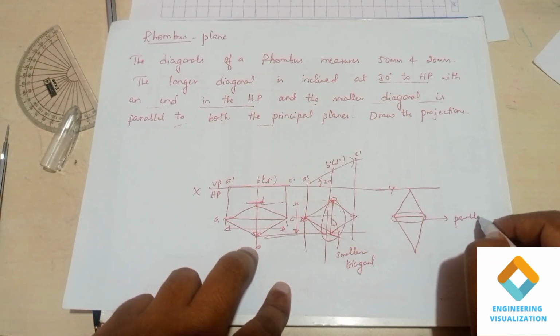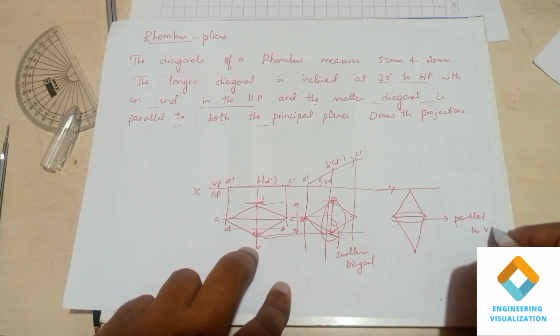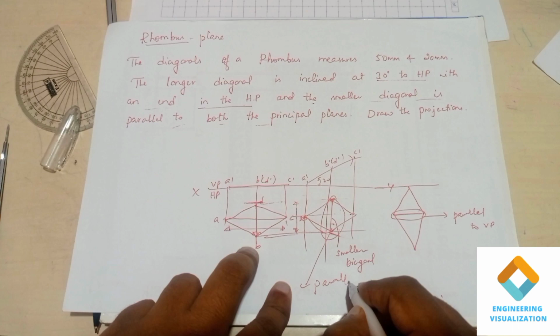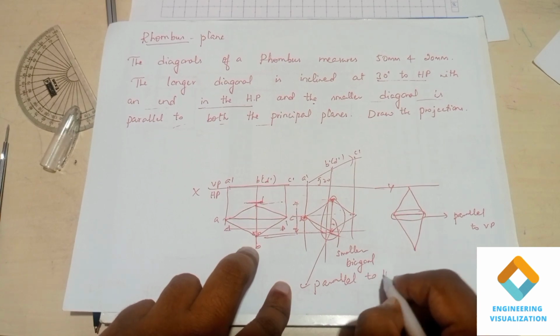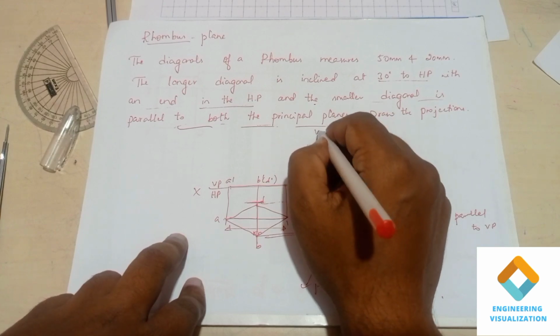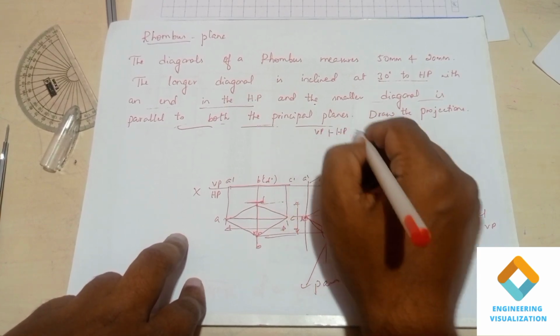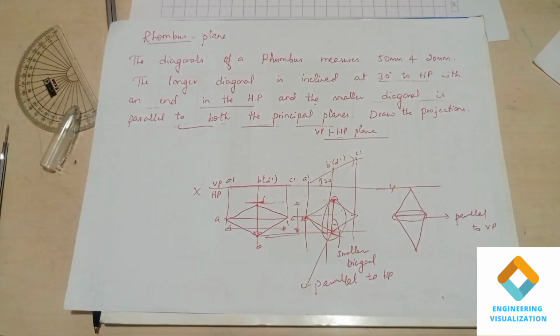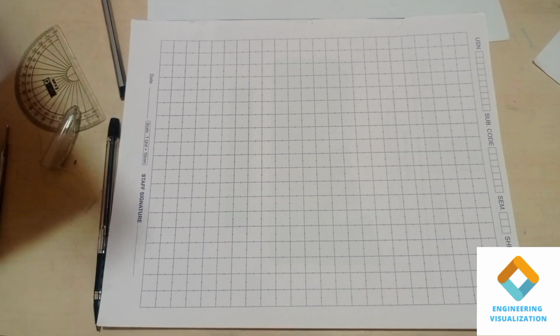In this problem they have not given the inclination to the VP; instead they tell us to make it parallel to both the principal planes. Principal planes means the HP and the VP. This is how we construct the rhombus problem. You can watch till the end to understand all the steps.